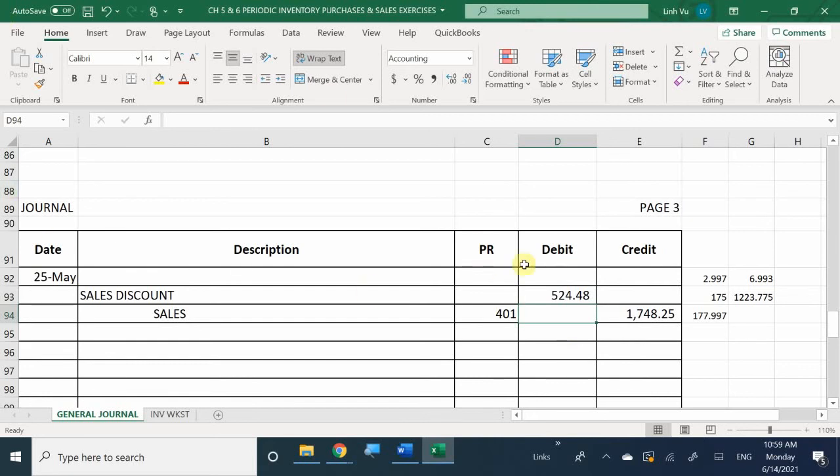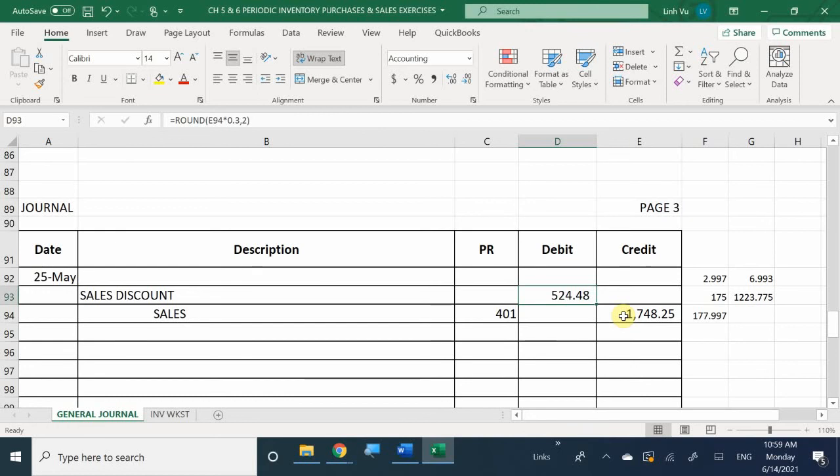That's the amount of sales discount. Oh wait, I'm lost now. How did you do that? I took 30% off of the 1748.25. And is the 1748 the total after the 30% discount, or the total before? Total before.